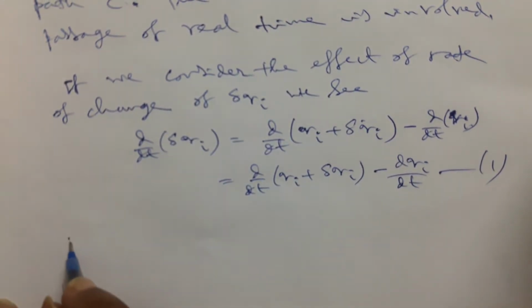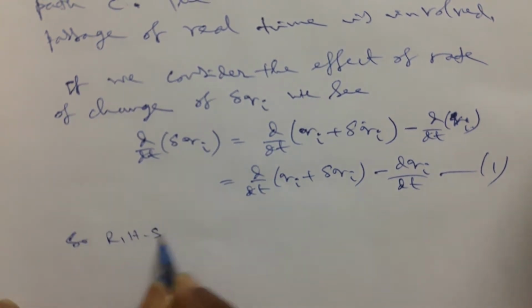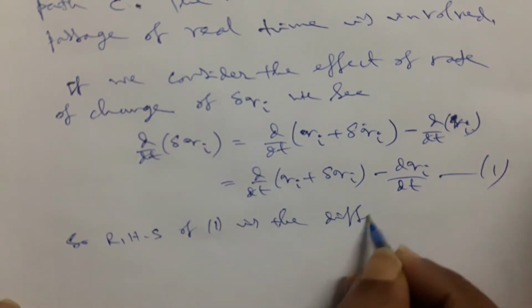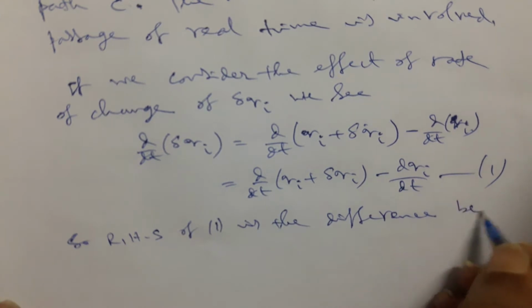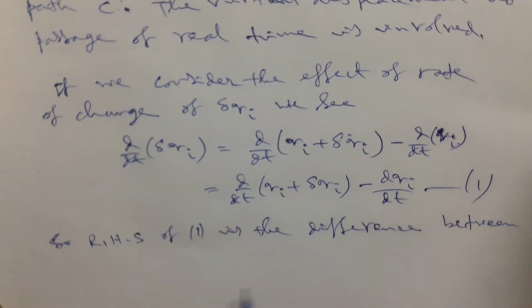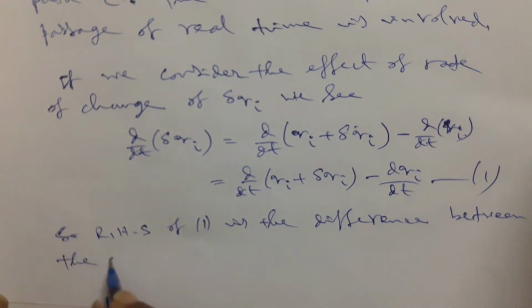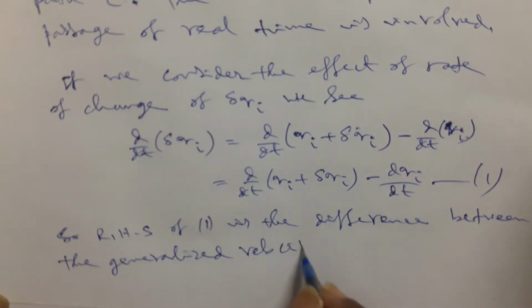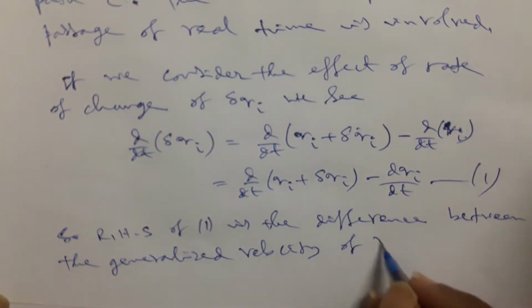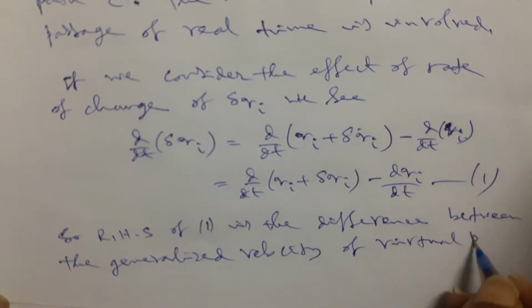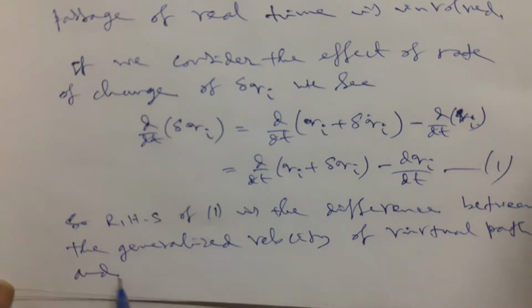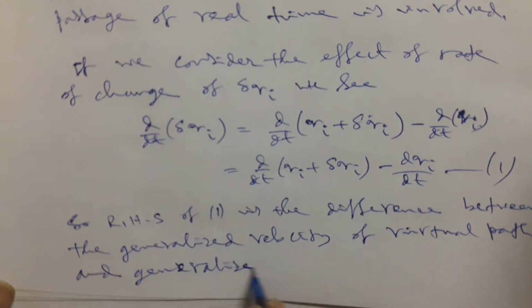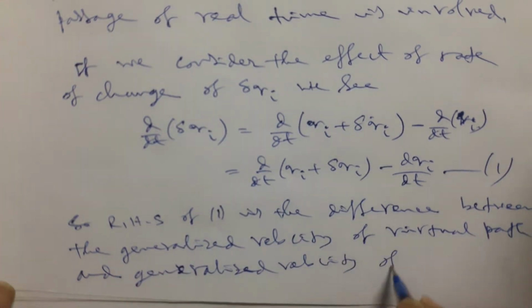So the RHS of 1 is the difference between the generalized velocity of the virtual path and the generalized velocity of the actual path.